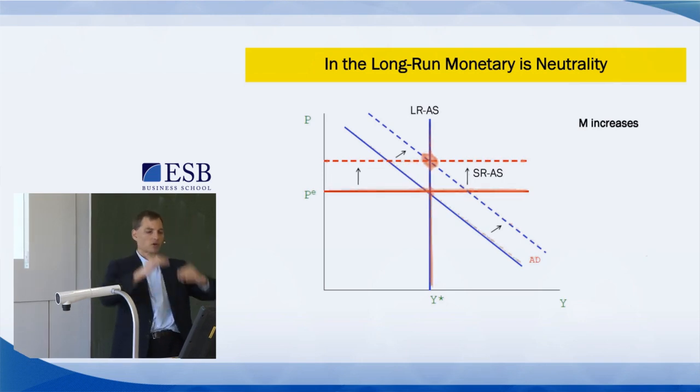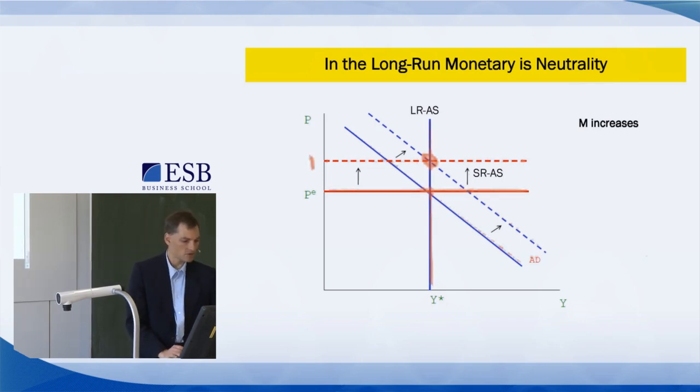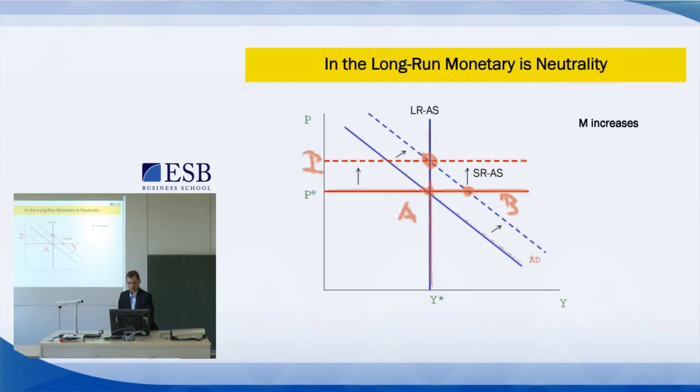Also the short run supply curve shifts up because we have this higher price level. So we move from starting point A in the short run to point B, and in the long run, we are ending in equilibrium C. And only in the short run, monetary policy is effective.